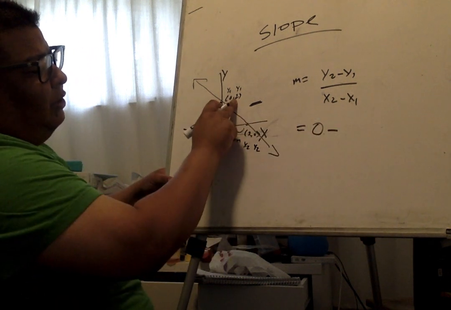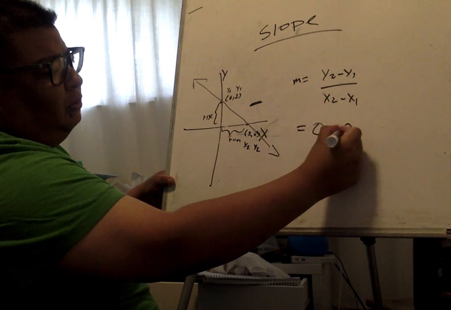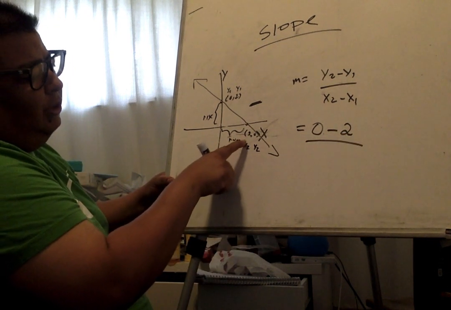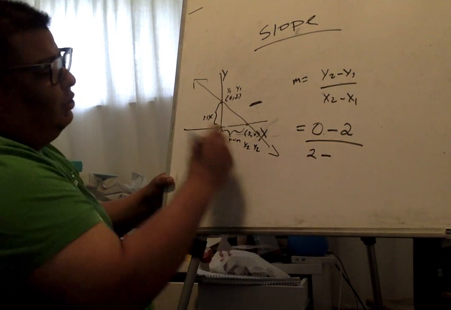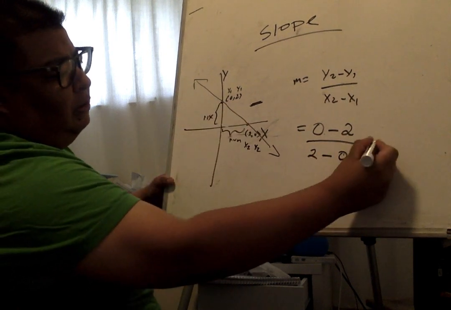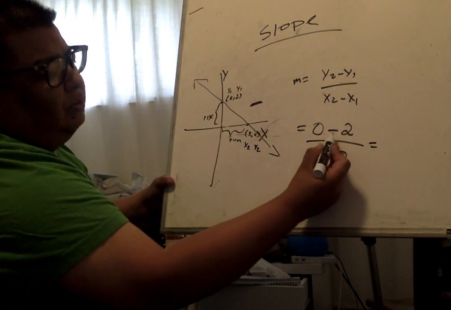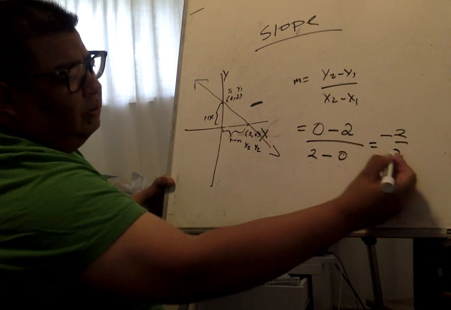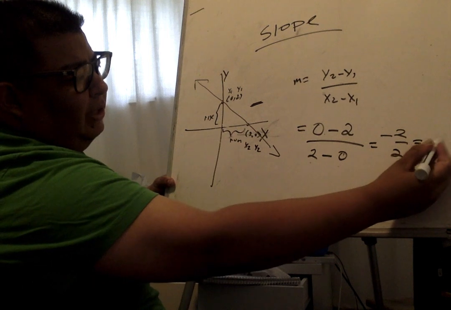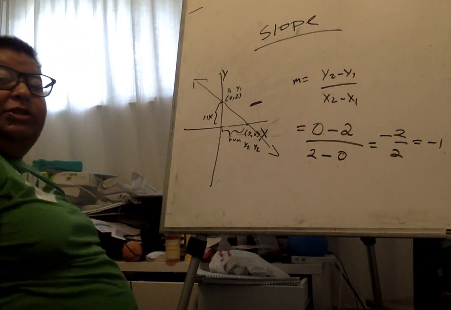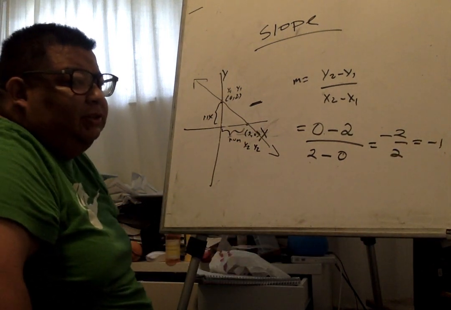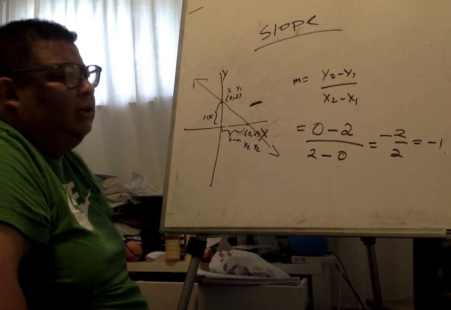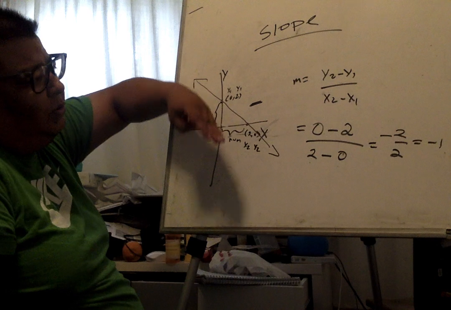And then your x2 is here, 2 minus 0. So 0 minus 2 is -2. 2 minus 0 is 2. So -2 over 2 is -1. And that gives the same answer, which is good. We find out that we have the right answer, -1. And it confirms that we have a negative slope.